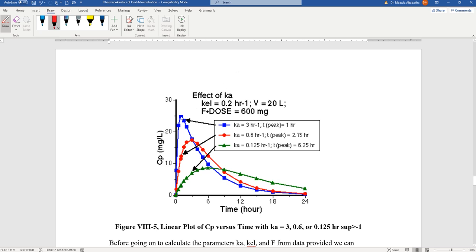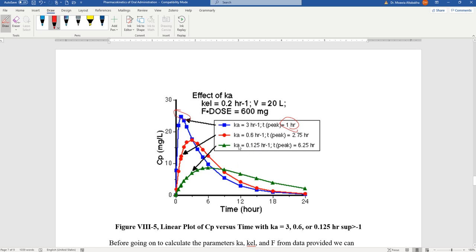As we said, the higher the Ka, the earlier and the higher is Cp max. See how it changes: here there is a delay in the time of Cp max, and Cp max is lower.